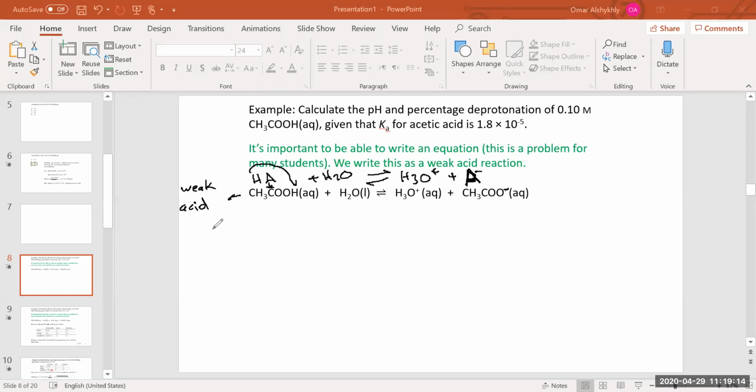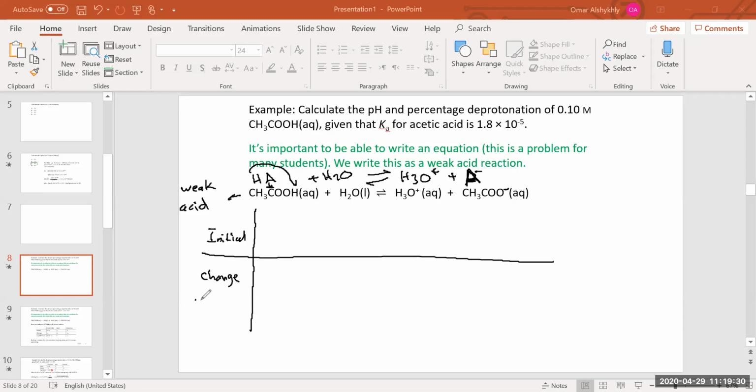Okay, so initial, change, and equilibrium.